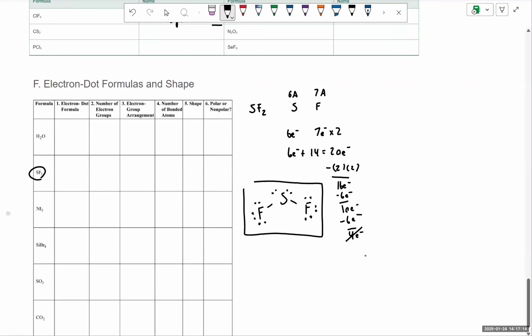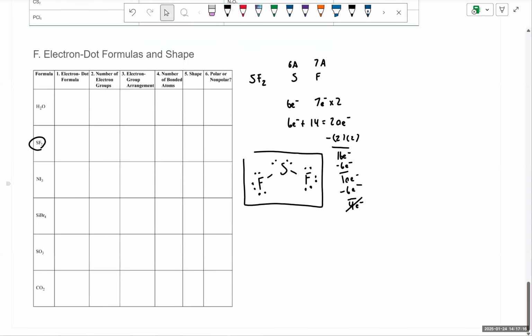Now let's interpret this. An electron group is equal to the number of bonds plus the number of lone pairs. When you're determining the electron group and the electron pair geometry, we are focused on the central atom or atoms. In this case, all of the formulas have just a single central atom.